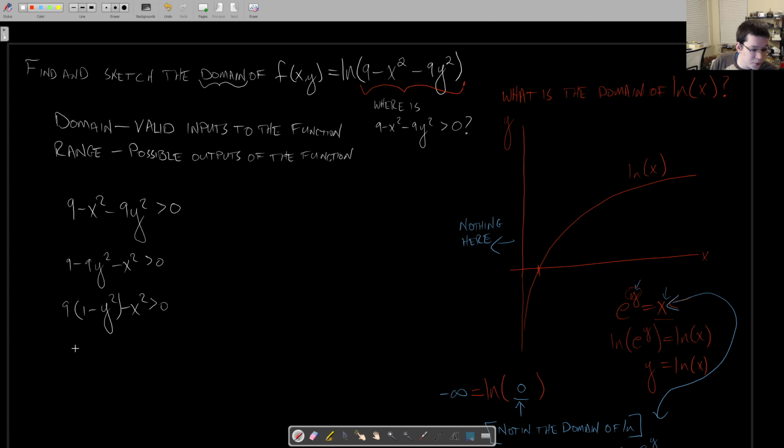We do it that way. So we have 9 times 1 minus y squared is greater than x squared. So x squared is less than 9 times 1 minus y squared.